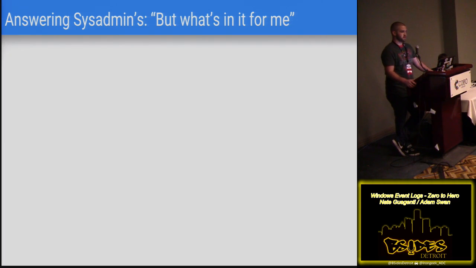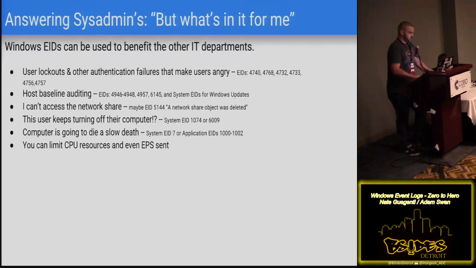So you go to your system admins. Unfortunately, in security, to get anything done, you usually have to go through someone else. So you go to your system admins, and they're going to ask, what's in it for me? So Windows Event IDs are basically limitless to help the other IT departments, whether it's lockouts for help desk, host baseline auditing, people deleting shares, or a user who keeps turning off the computer.